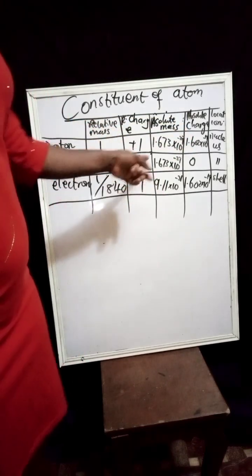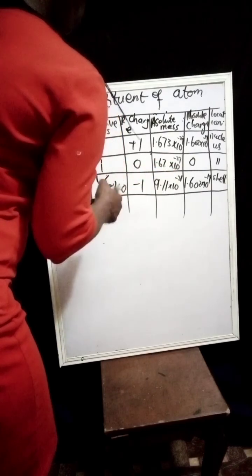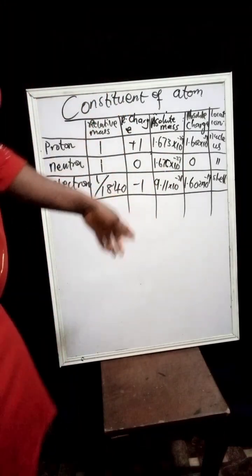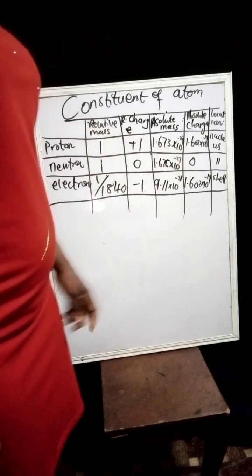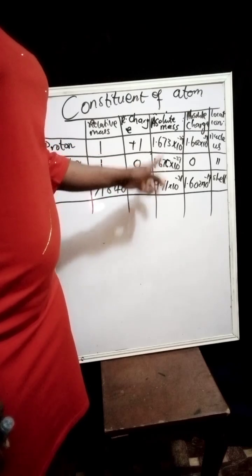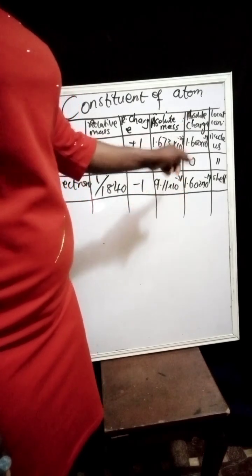That of the neutron is 1.675 multiplied by 10 to power negative 27. While that of the electron is 9.11 multiplied by 10 to power negative 31.